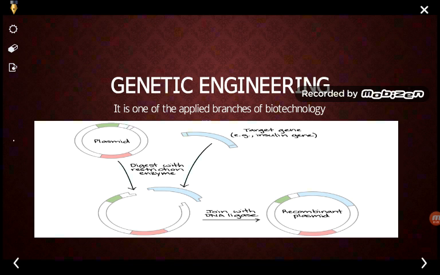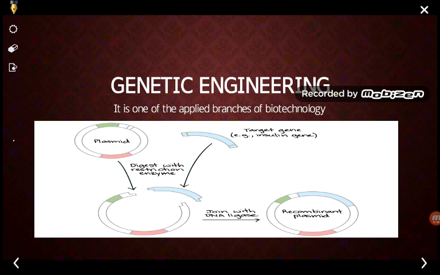From the name itself, it is very clear that recombinant means recombining of the DNA. This topic comes under genetic engineering, and it is one of the applied branches of biotechnology. Since we are studying something related to environmental biotechnology, we must know what genetic engineering is.